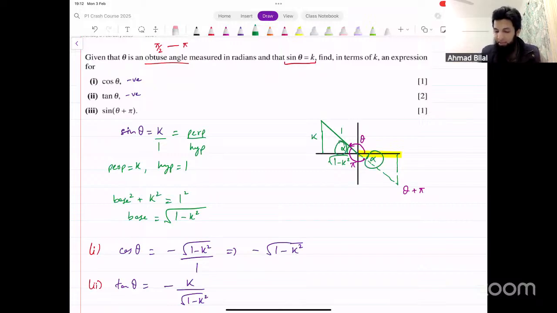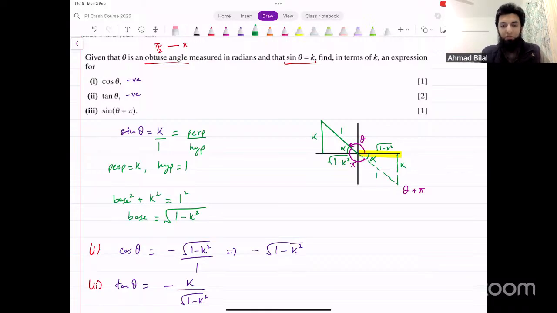The basic angle is still the same. That means all the sides are going to be in the same ratio. Perpendicular is k, hypotenuse is 1, and the base is square root of 1 minus k squared. So it's the same triangle with the same sides, but now we are in the fourth quadrant.